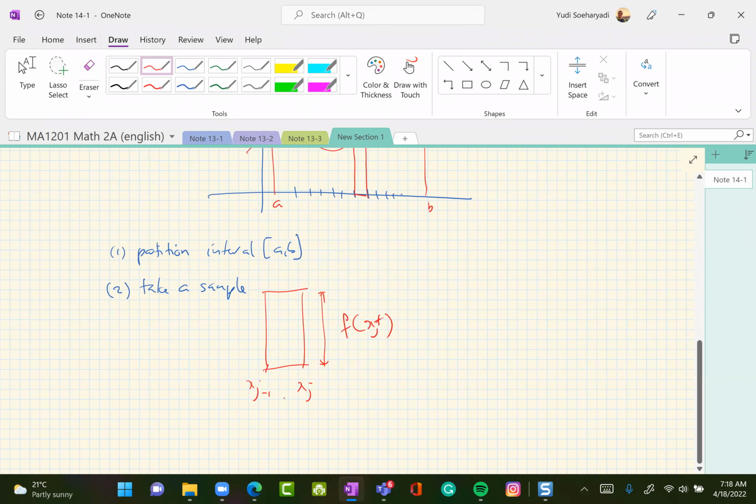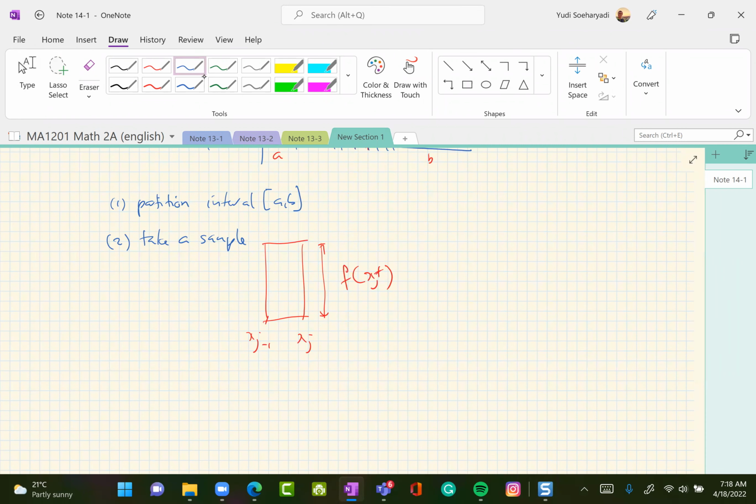Okay. Take a sample and then you compute the area of this rectangle. Rectangle is f of xj star times this one, xj minus xj minus 1. This is what we call the delta jx.